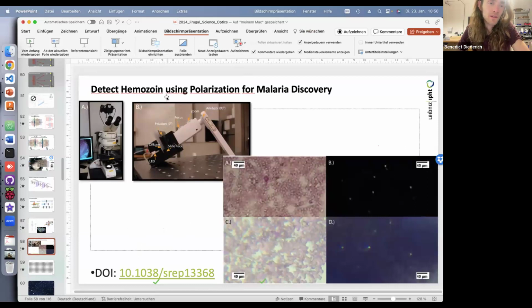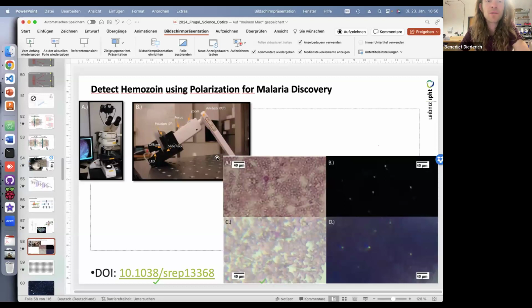And what turns out, if you have your plasmodia, I'm definitely not an expert there, but I think there are some maybe in this meeting here. The hemozoin, which I'm not sure whether it's expressed, but it's part of the plasmodia, which is the parasite that's causing malaria. That is also changing the polarization angle.